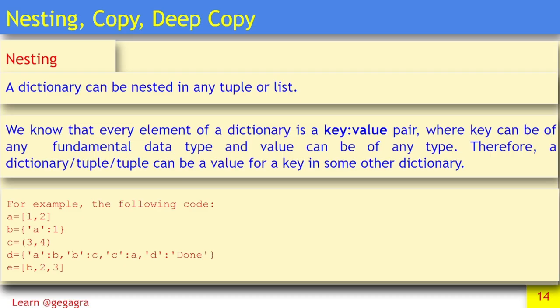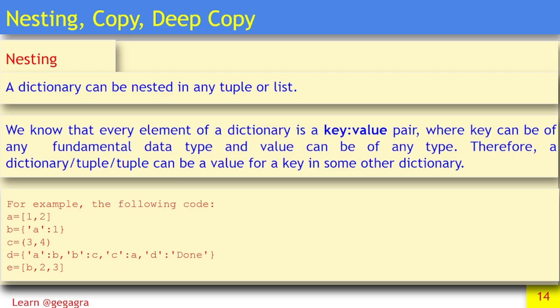So see here in this dictionary, I'll show you with example. For example, see here, A is equal to 1 2, this is the list. Over here, B is equal to character A colon 1 means here A is the key and 1 is the value, and C is the tuple 3 4. And over here, if you look at D is equal to A B. So what is B?